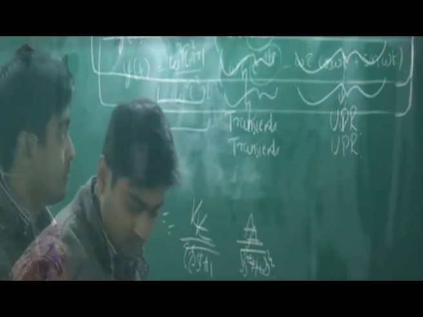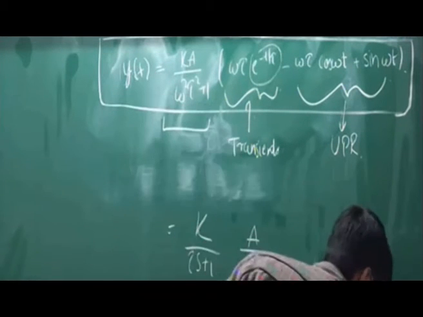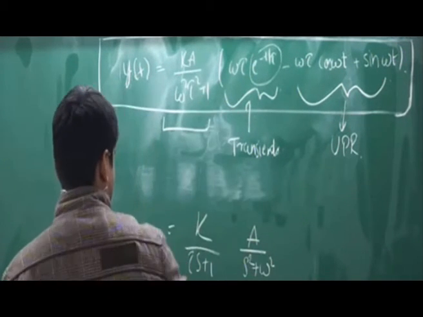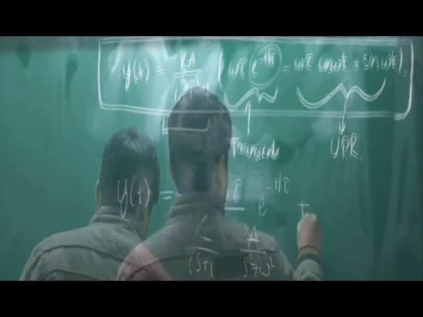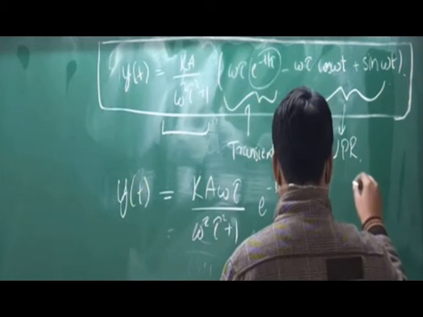Or if I simplify it further to make a clear distinction between the UPR and the transients, and this simplification is just based on the basic trigonometric identities.